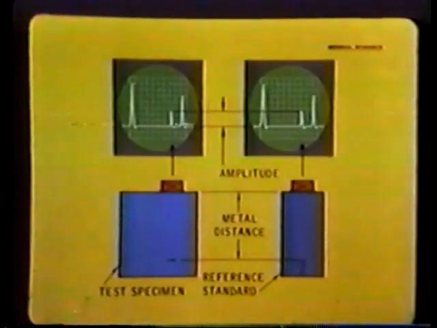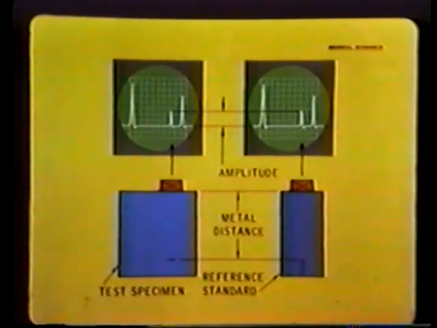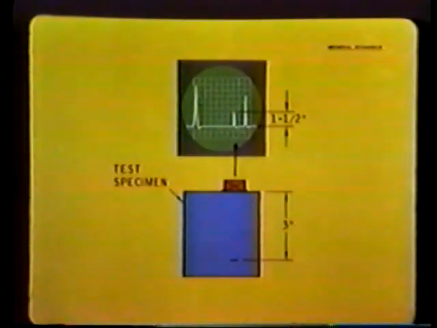It will reflect something less than the maximum amount of energy back to the source. This means that for a given height CRT indication and metal distance, the true discontinuity invariably is larger than the artificial discontinuity.